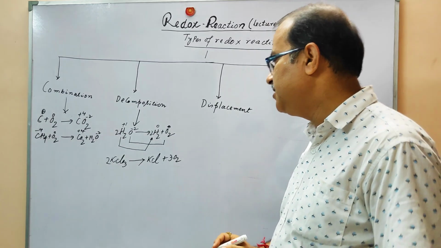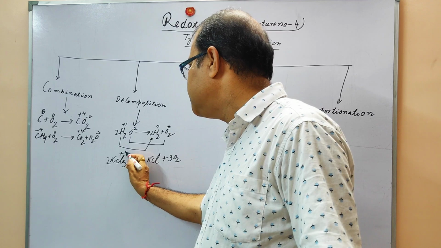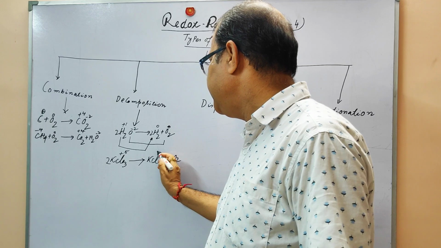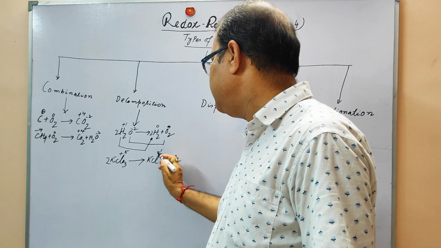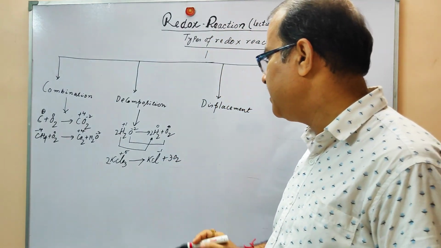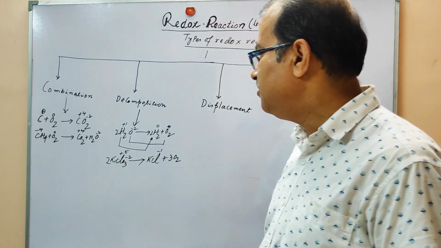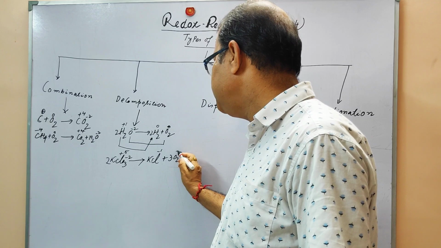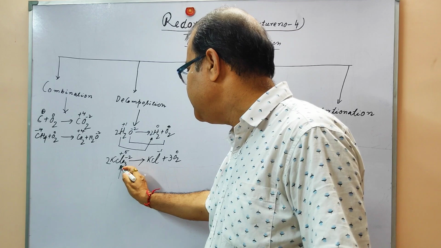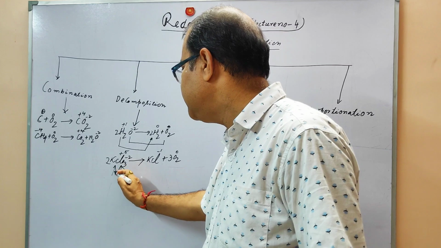Here you can see that in KClO3, Cl has an oxidation number of +5, whereas in KCl, Cl has an oxidation number of -1. The oxygen in KClO3 is -2 and it becomes 0. So we understand that oxygen is oxidized and Cl is reduced.